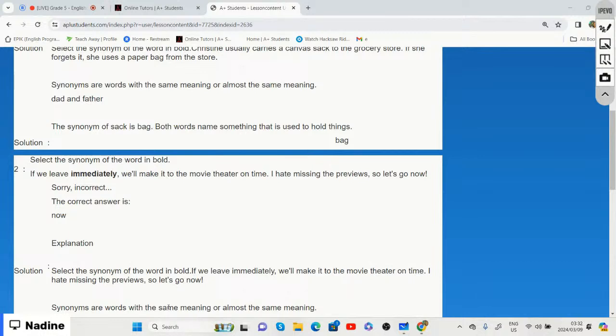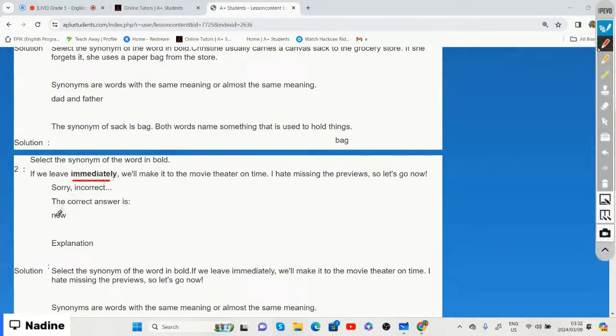So now, if we leave immediately, we'll make it to the movie theater on time. I hate missing the preview, so let's go now. Immediately and now.